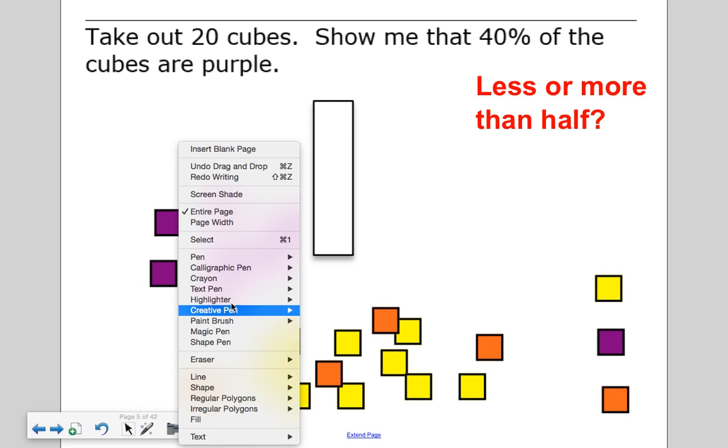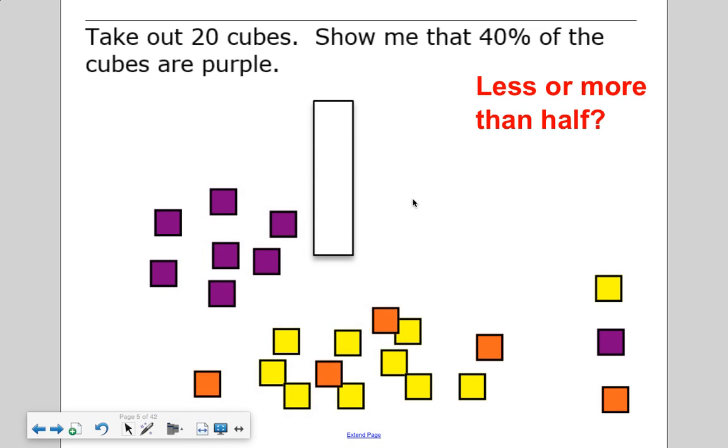So I make a prediction that 7 are purple out of 20, and that would be 40%. What is percent again? Anything per 100. Can I build this fraction to 100% so I can figure out if this is correct? 20 times 5 is 100. 7 times 5 is 35%.